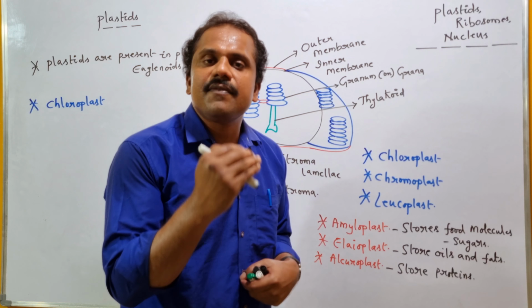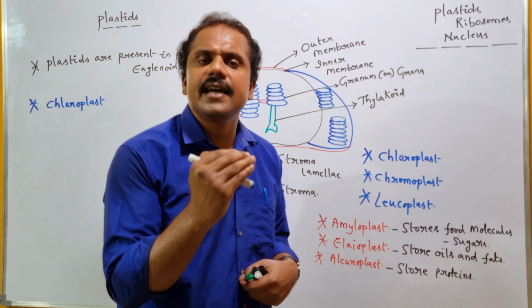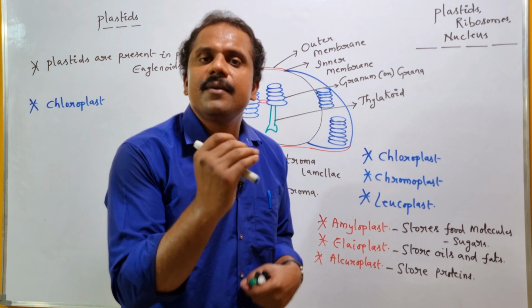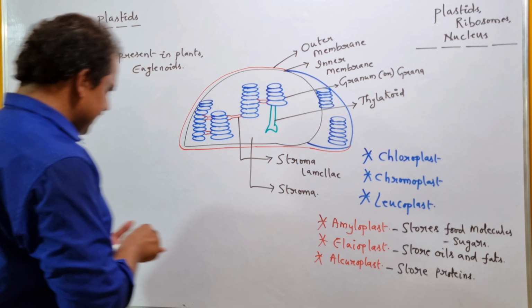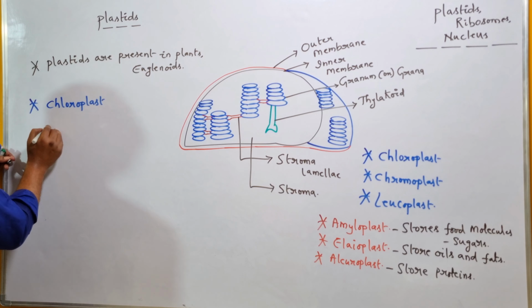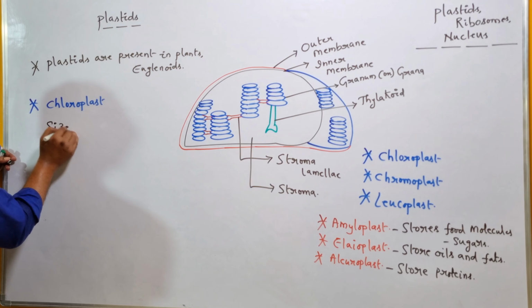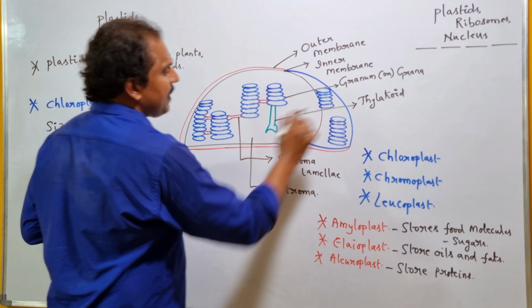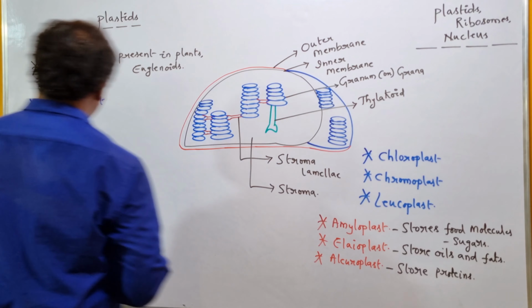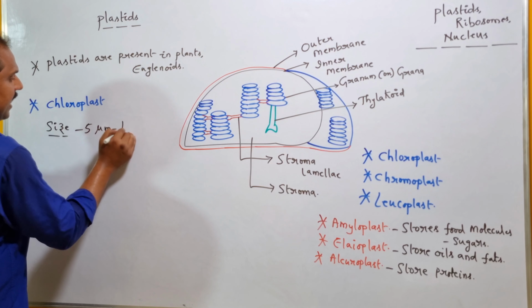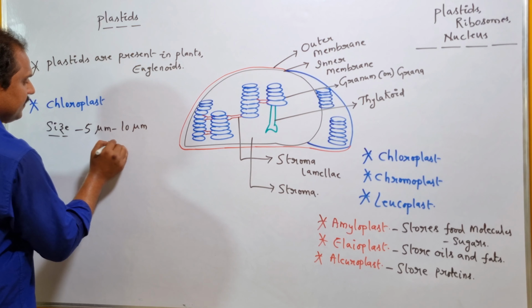The size, shape, and number of the chloroplasts vary. In nearly all living organisms, the size, shape, and number of chloroplasts won't remain similar; they vary. At first, if we consider the size of the chloroplast, the length relates to around 5 micrometers to 10 micrometers in diameter.